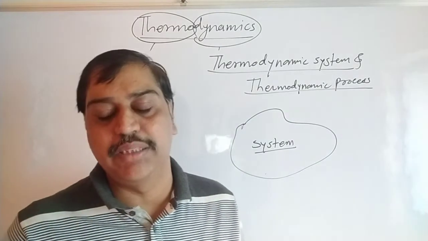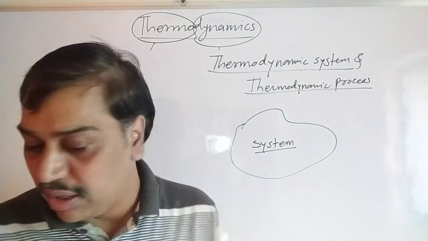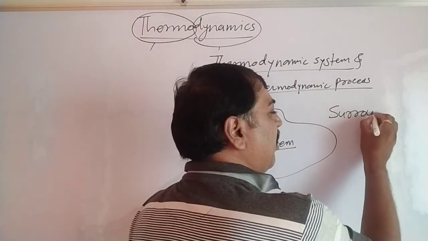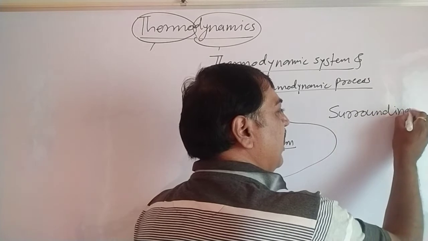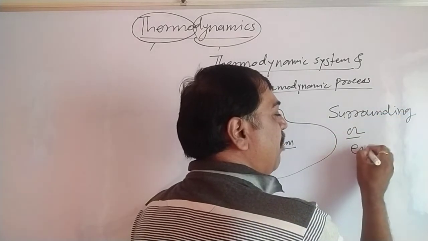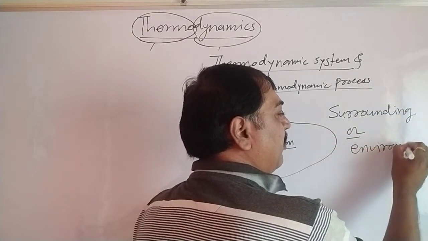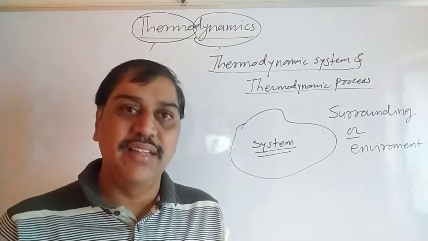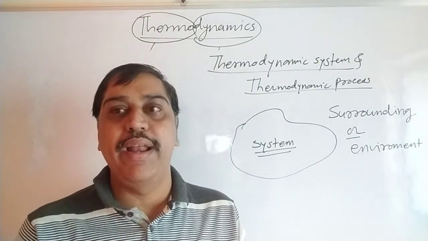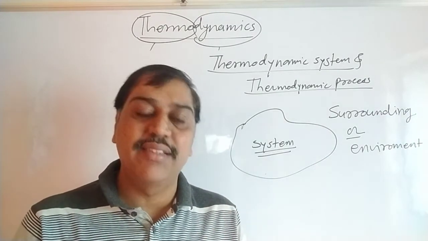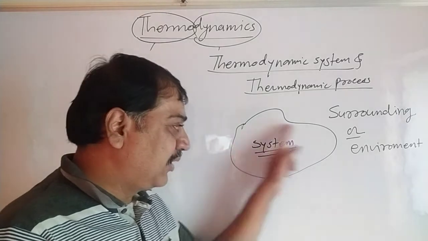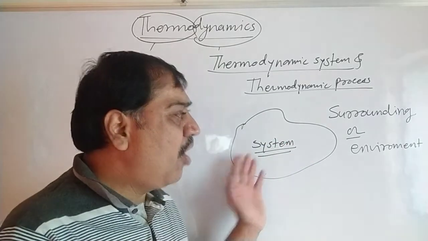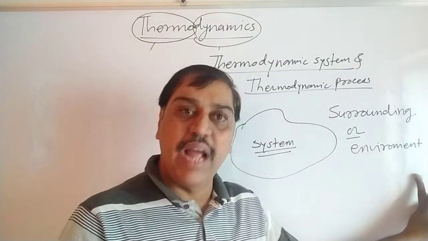Anything other than the system is said to be the environment or surrounding. A single particle or group of particles kept for studying some phenomenon is assumed to be a system, and all other things are the surrounding or environment.